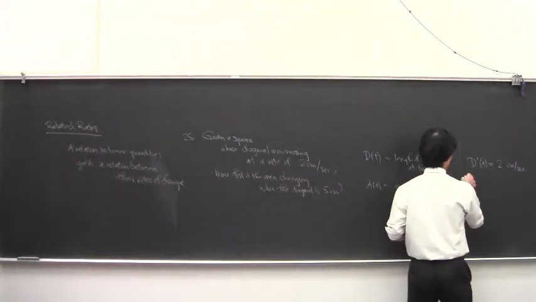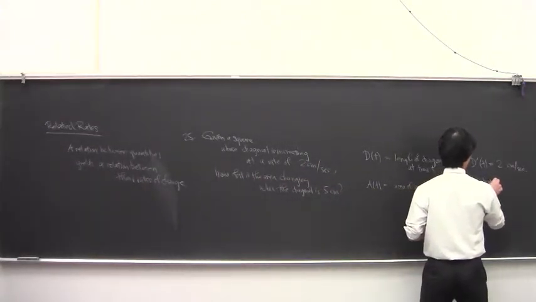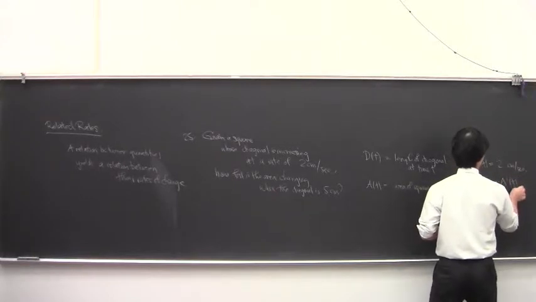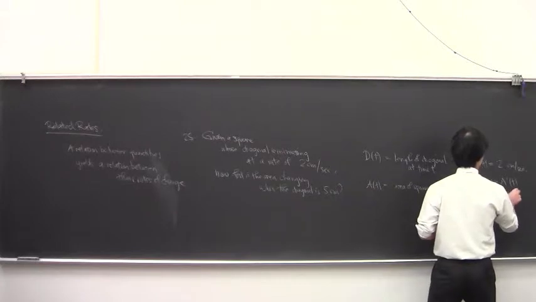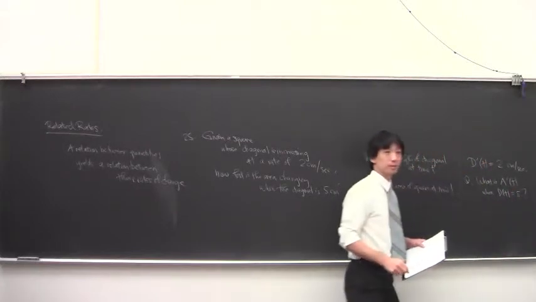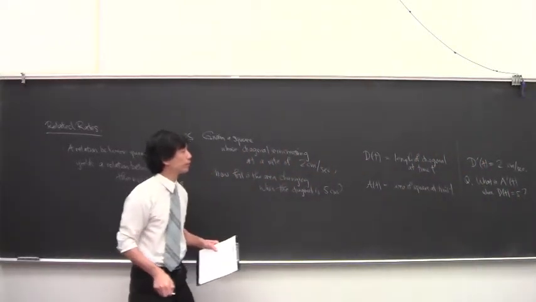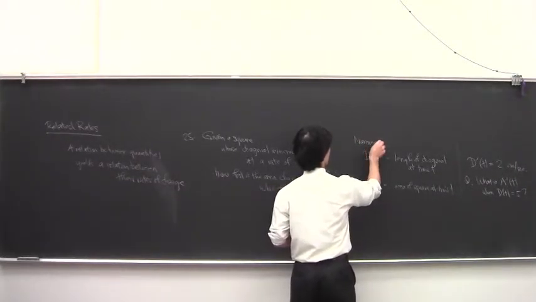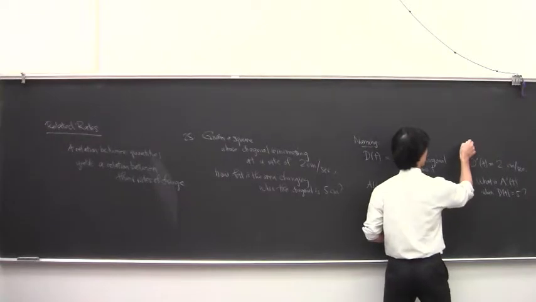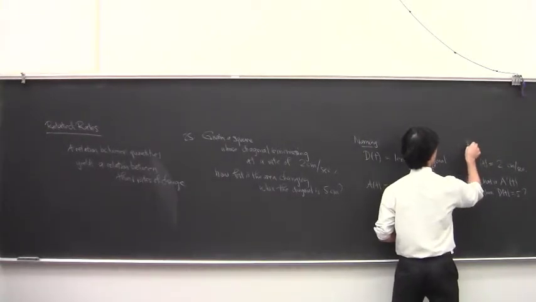So the question is, what is A prime when d equals 5? So you do some naming and you rephrase, you rewrite the question.